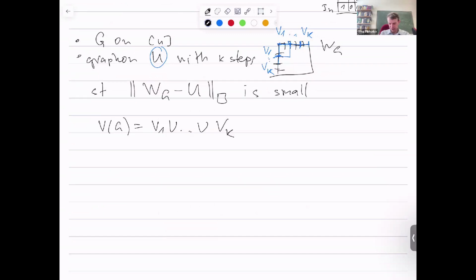Suppose I take any two subsets S and T. What do I know about the number of edges between S and T? Well, I can write it as the following summation.